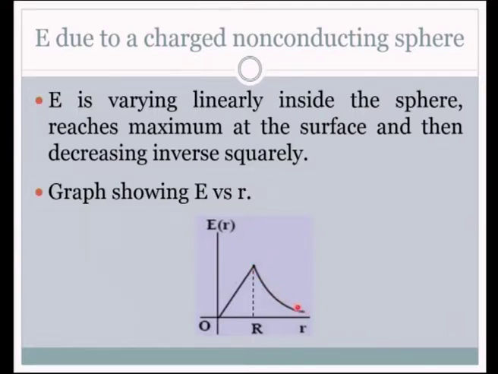This is the inverse square variation. So, this graph clearly tells us how the electric field is varying. Hope you have understood the case of the spherical charge distribution and the electric field produced by such a distribution for points inside, outside and even on the surface.